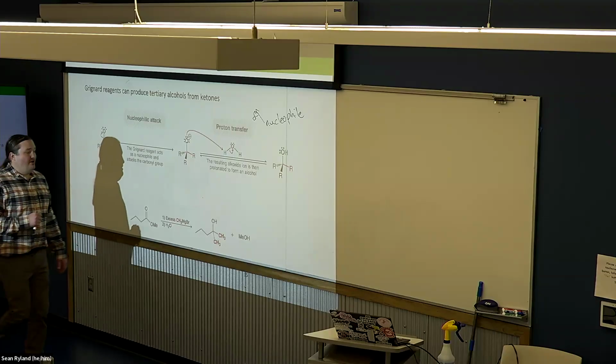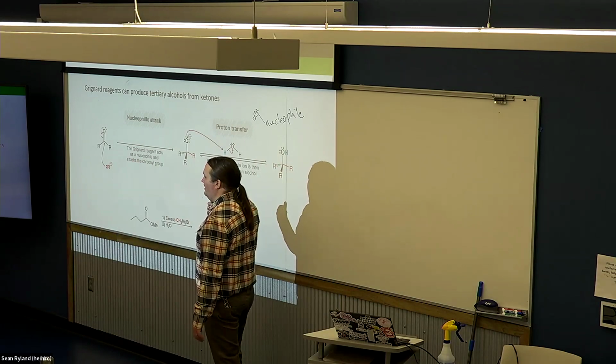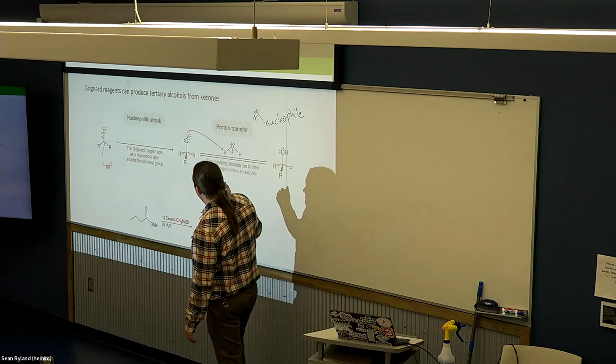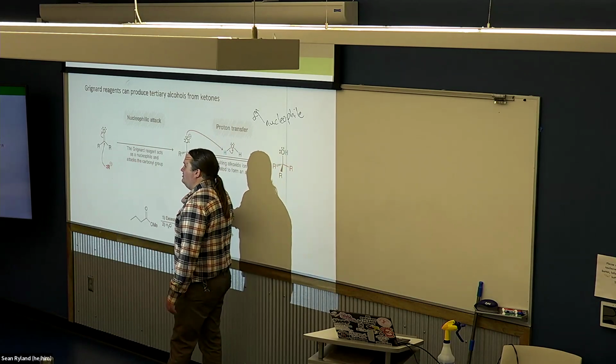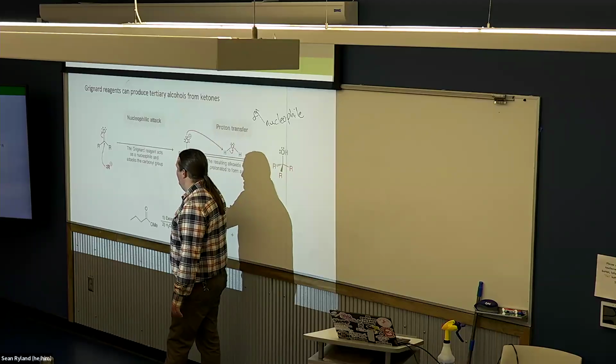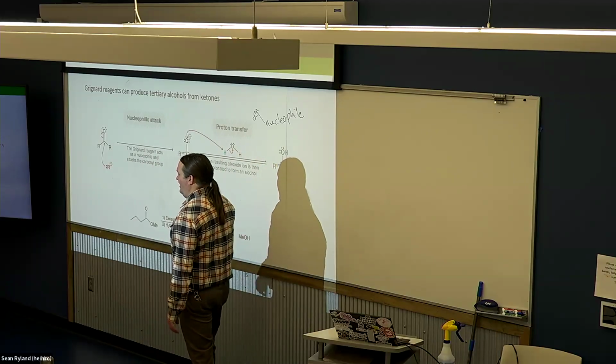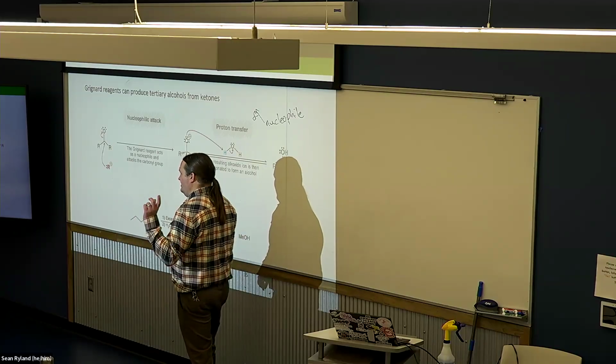The other nice thing about both this and the hydride reduction reactions is that they do work sequentially. If we only included one equivalent of this, it would add one R group. And then we could add the hydride if we wanted to. So we can do these in either order.